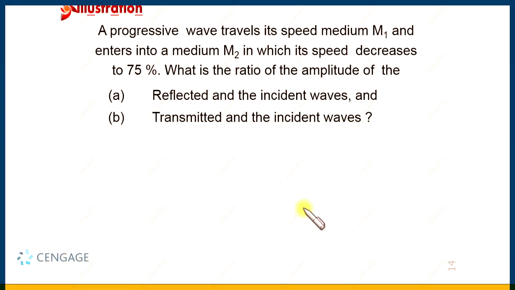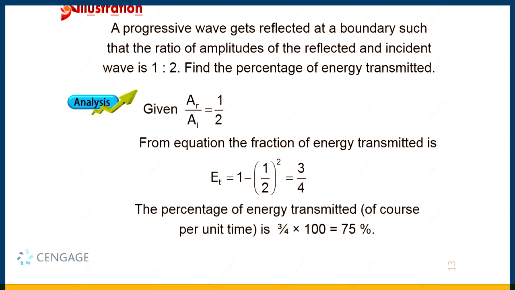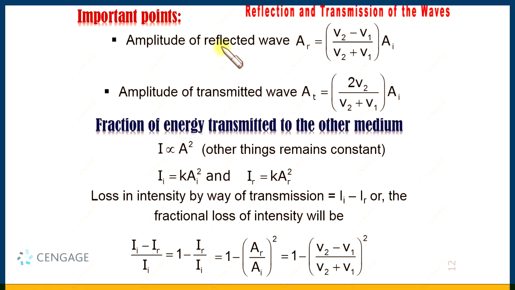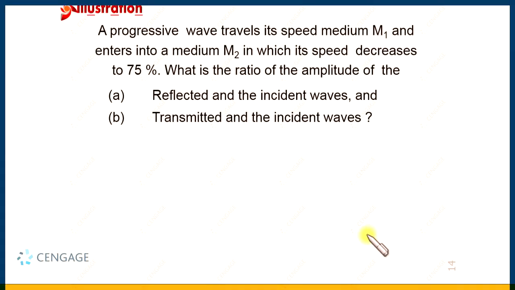In fact, this problem is directly based on the formulas which we have derived. We have two formulas: the amplitude of the reflected wave in terms of the incident amplitude, and the amplitude of the transmitted wave in terms of the incident amplitude. Okay. So, let us consider AI, AR, AT as the amplitudes of the incident, reflected and transmitted wave.